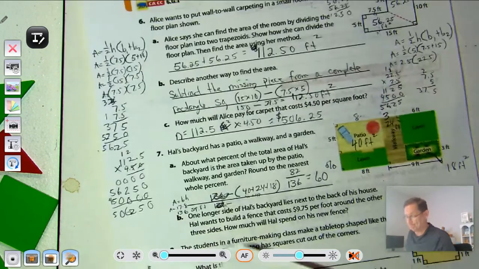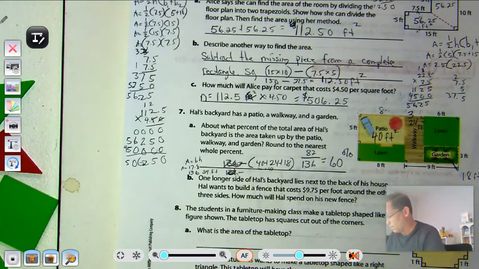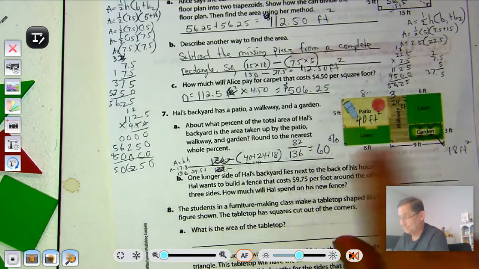All right, B. One longer side of Hal's backyard lies next to the back of his house. Hal wants to build a fence that costs $9.75 per foot around the other 3 sides. How much will Hal spend on his new fence? So the longer side of his backyard, that's this, right?